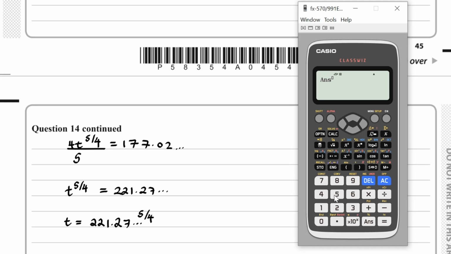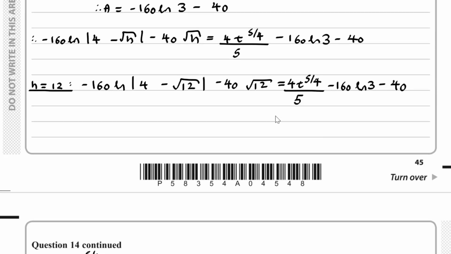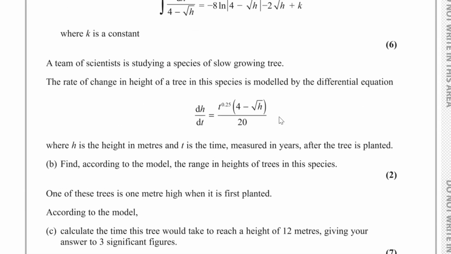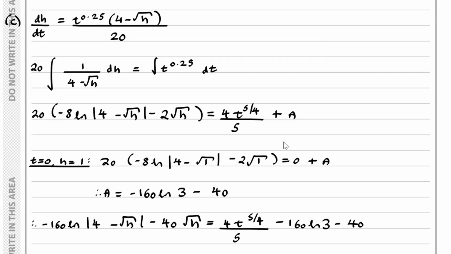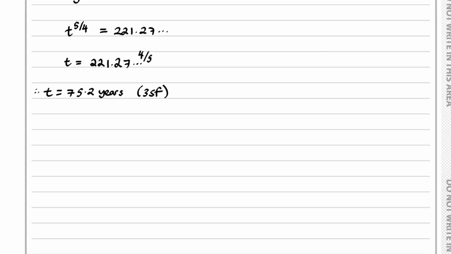So we raise this to the power of 4 over 5. Therefore, t is equal to 75.2 years to 3 significant figures. If we go back to the question, we have to give our answer to 3 significant figures as shown over here.